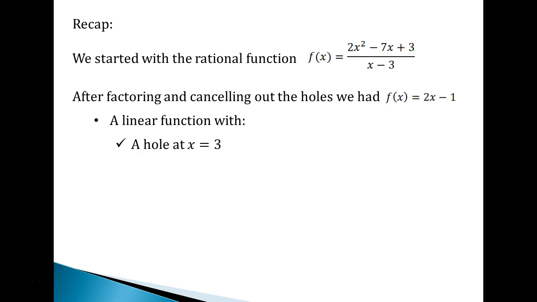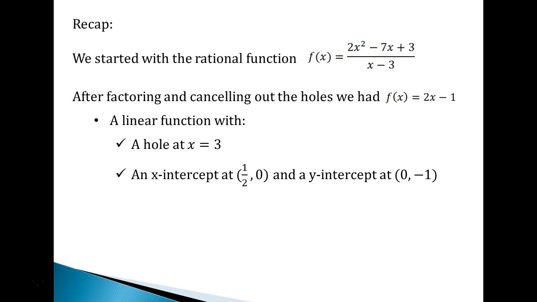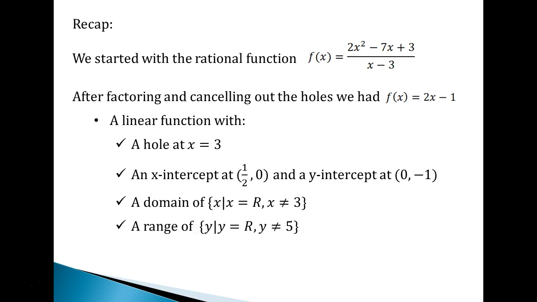Now, we already determined it has a hole at x = 3. These are its x and y intercepts. It has a domain of all real numbers except 3. That's tied to the hole. And it has a range of all real numbers except 5. That's also tied to the value of the function at the hole.